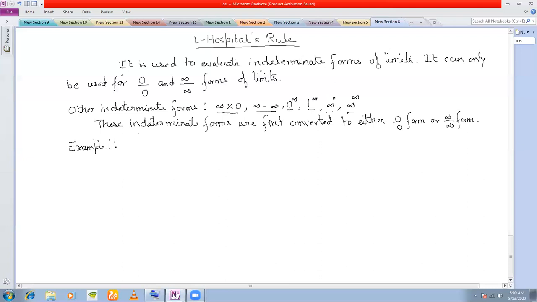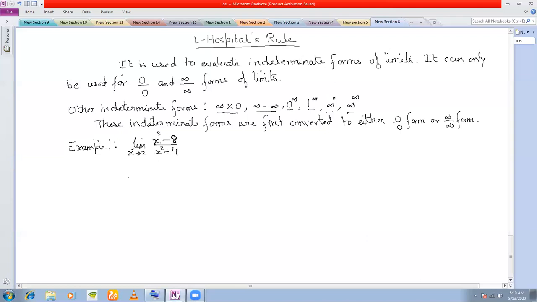Okay. Let us see. Let me start with a very simple example. Limit x tends to 2, x cube minus 8 divided by x square minus 4. Okay.